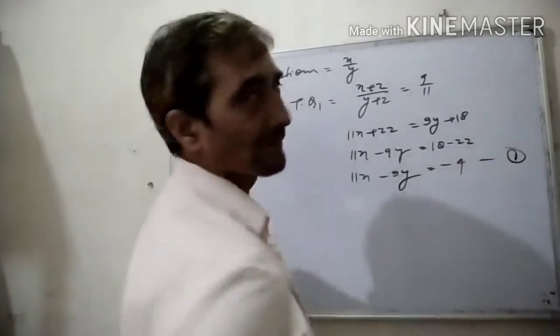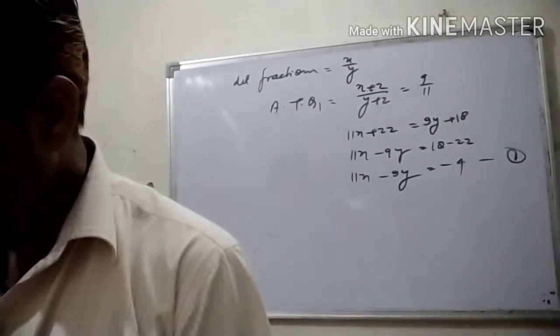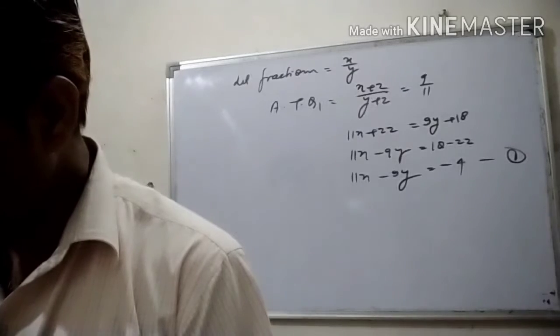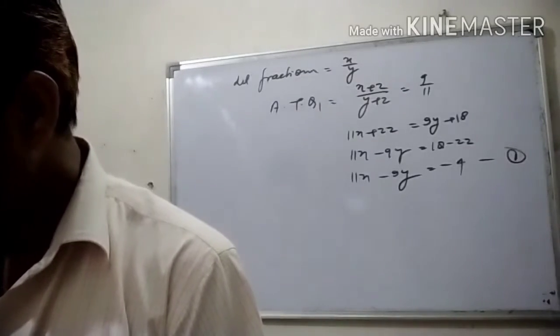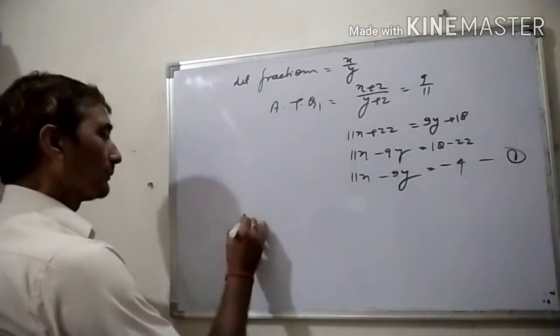Now it is the first equation. And the second condition is that when 3 is added to both numerator and denominator, it becomes 5 by 6.